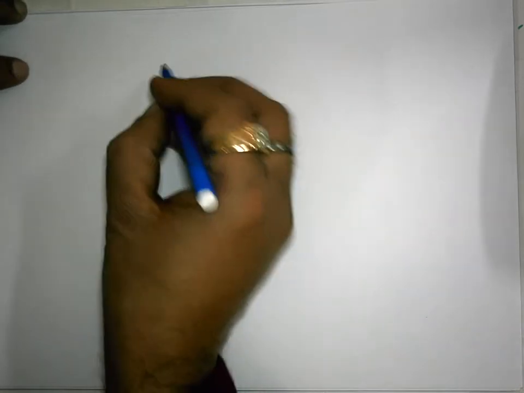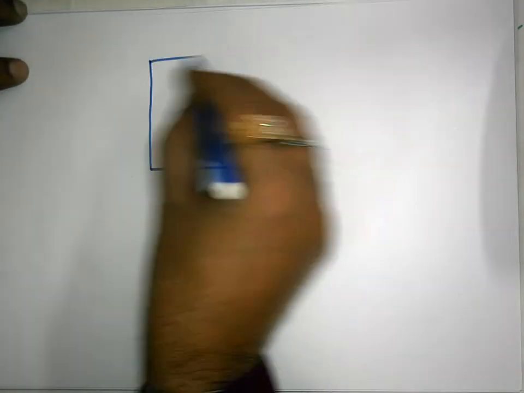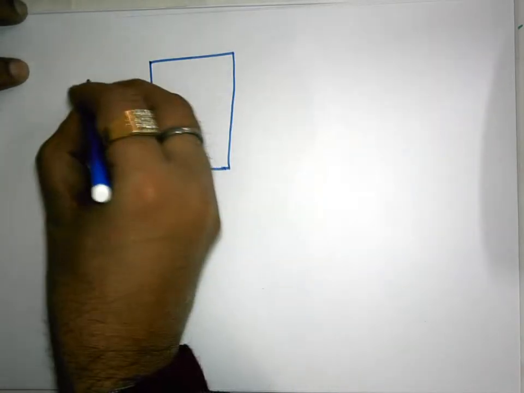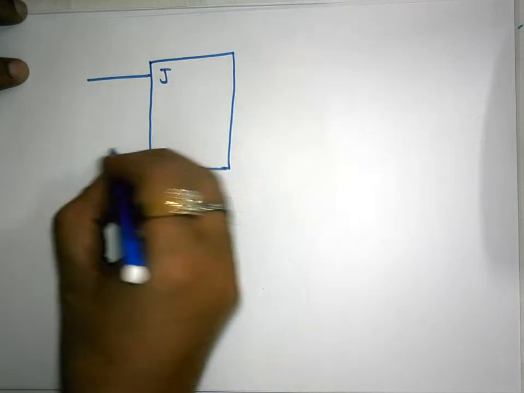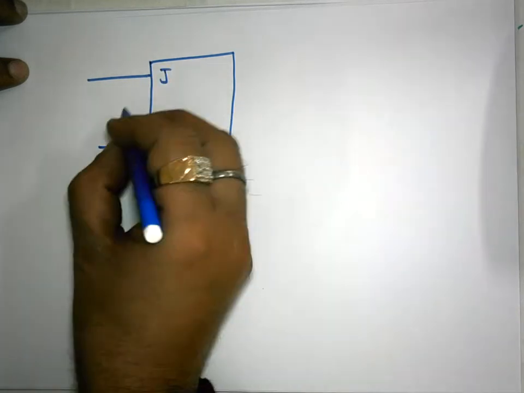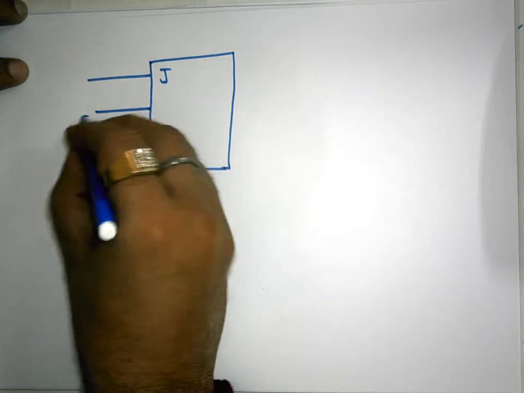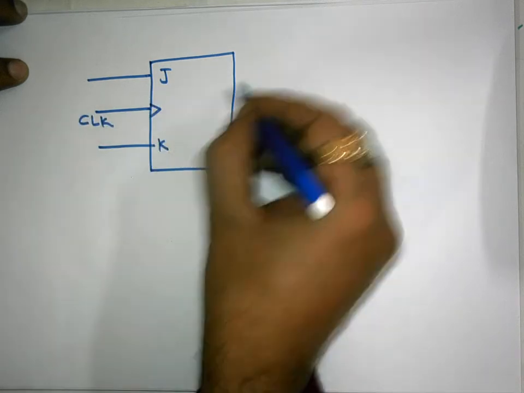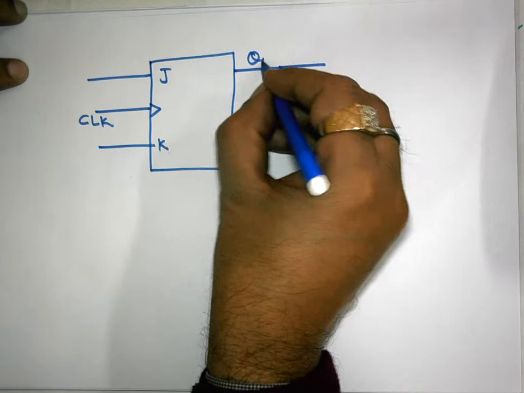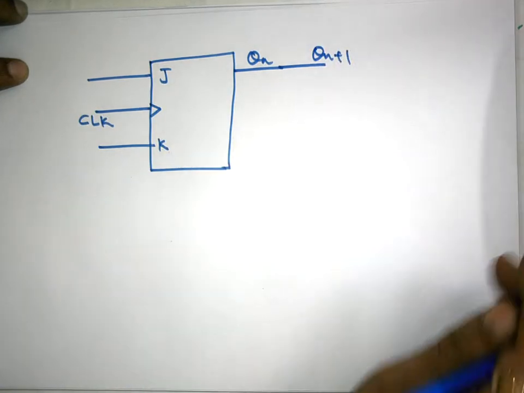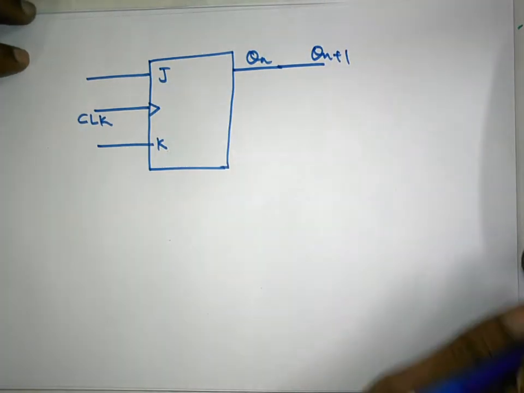Now I will derive, suppose we have a JK flip-flop.